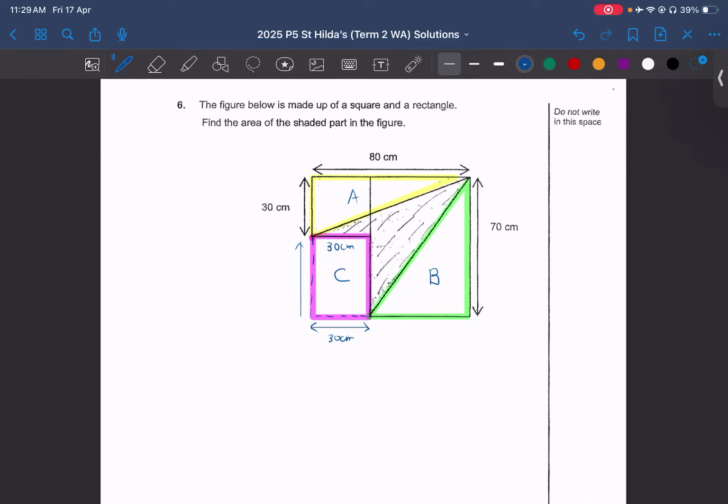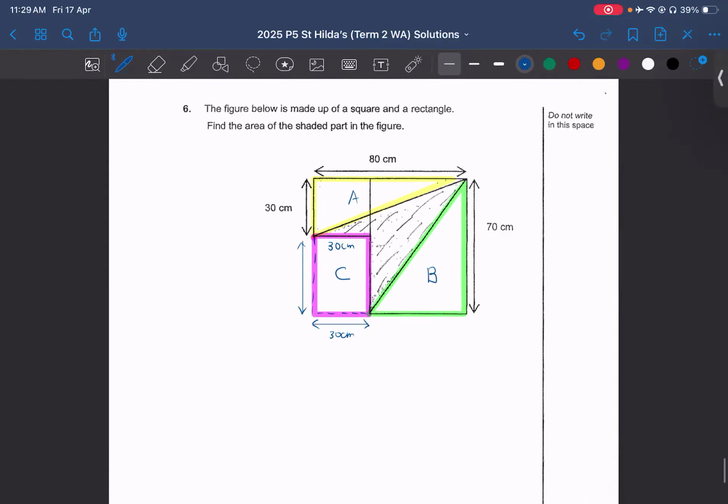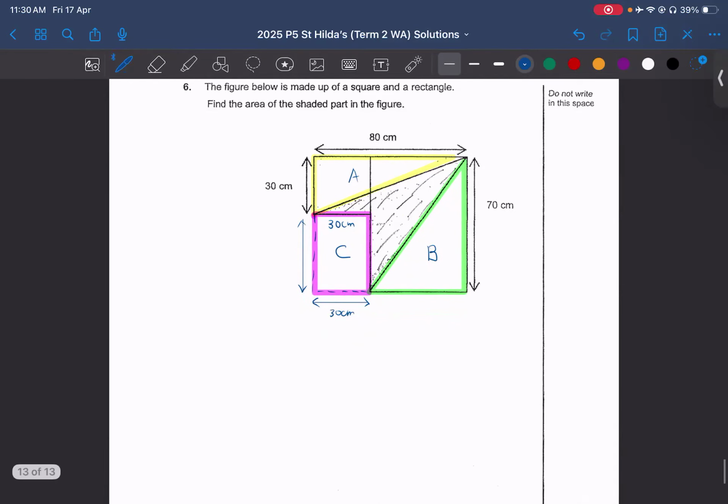In order to find this portion, we know that this whole length is 70 centimeters. To find the length of rectangle C, we can just take 70 minus 30 to give me 40 centimeters. So this portion here is 40 centimeters.